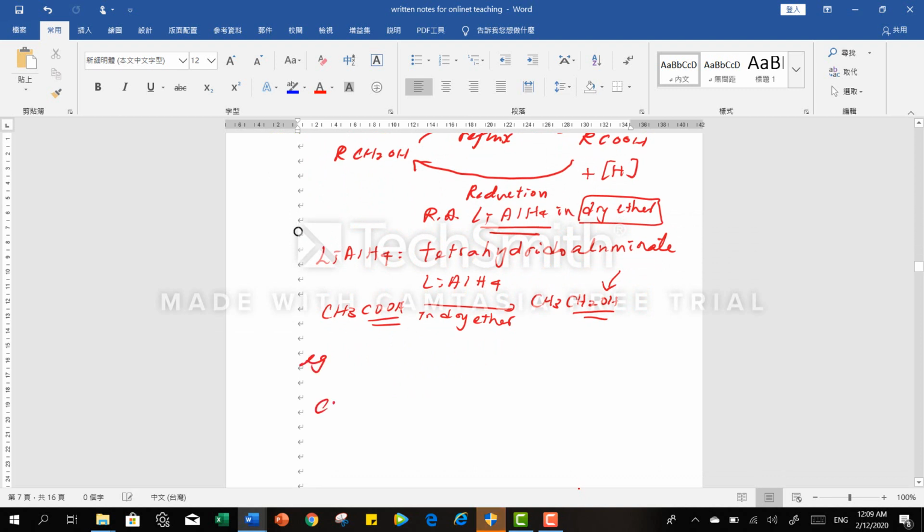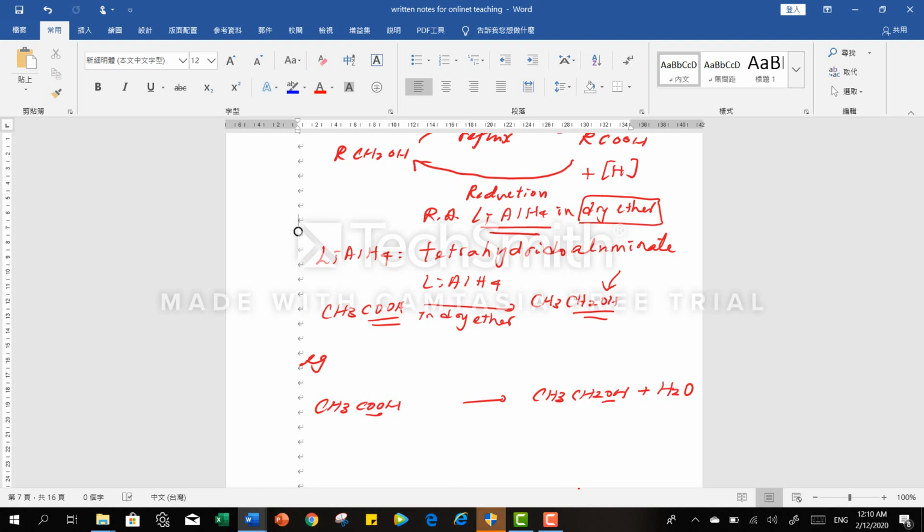For example, if you have to reduce carboxylic acid to ethanol, then you have 2 O on the left and 1 O on the right. Then we need water to balance the O. Once we balance the O, we use [H], bracket H, to balance the hydrogen.